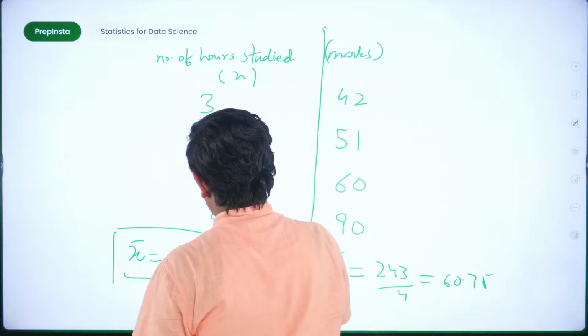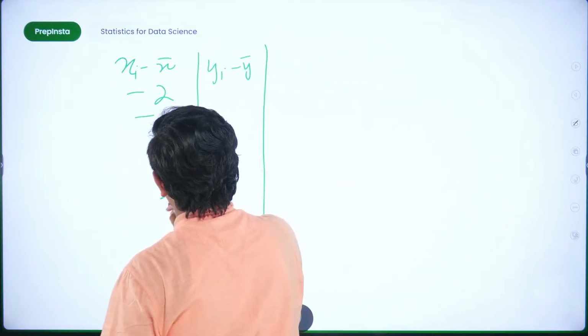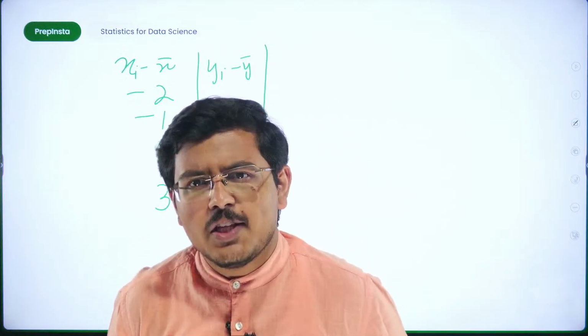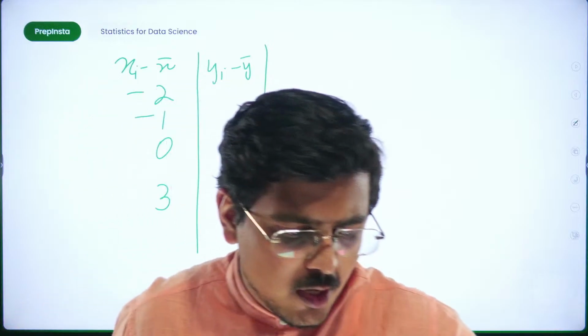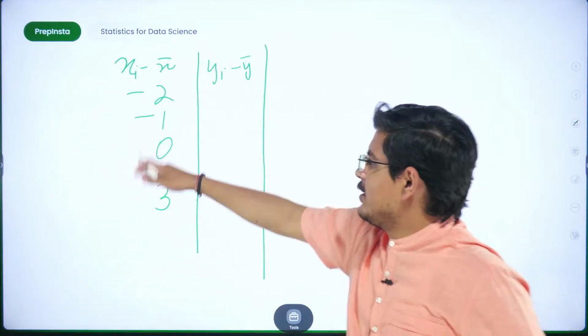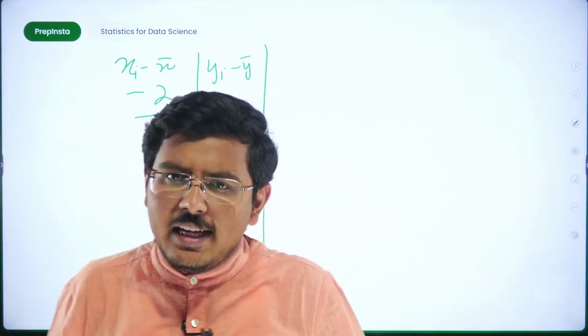And 8 minus 5 is 3. Now if you carefully see, again strangely for the second time we got 0 in one of the inputs. Fine. So are they variating?